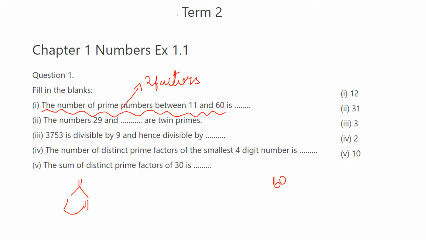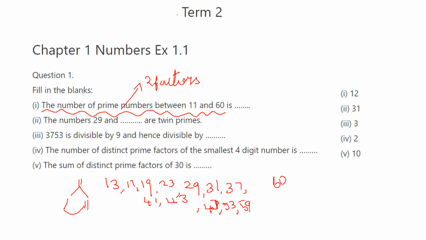So here, after 11: 13, 17, 19, 23, 29, 31, 37, 41, 43, 47, 53, 59.